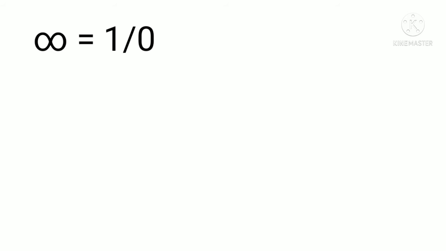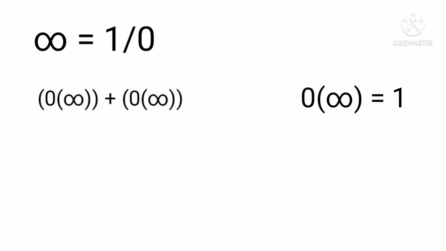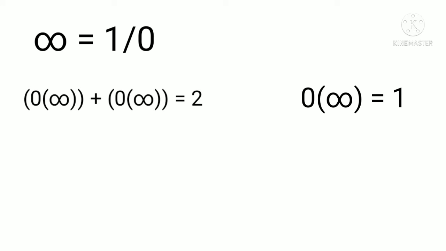Let's try it. Imagine that we do not know anything about infinity. By the definition of a multiplicative inverse, 0 times infinity must be equal to 1. That means 0 times infinity plus 0 times infinity should be equal to 2.